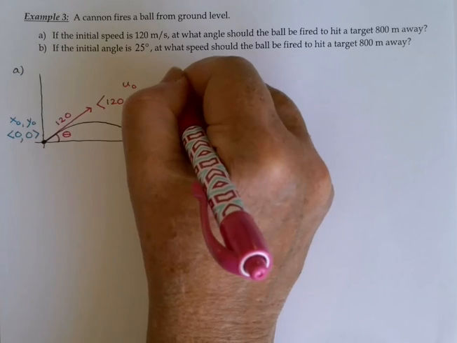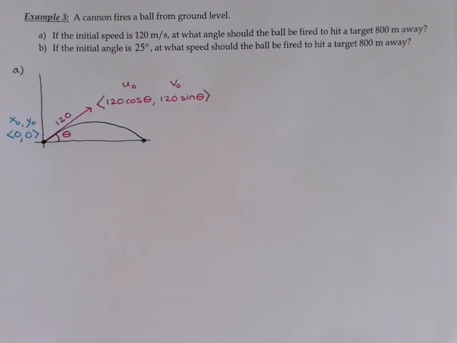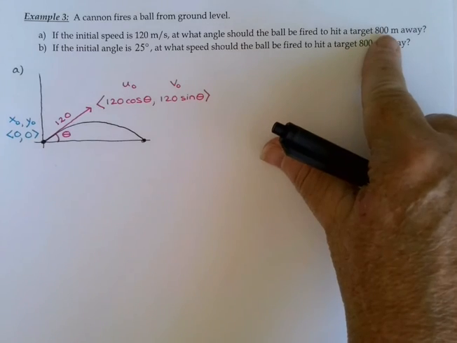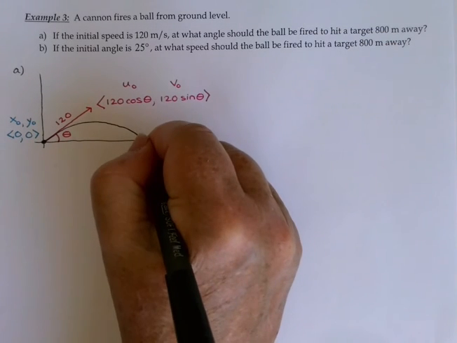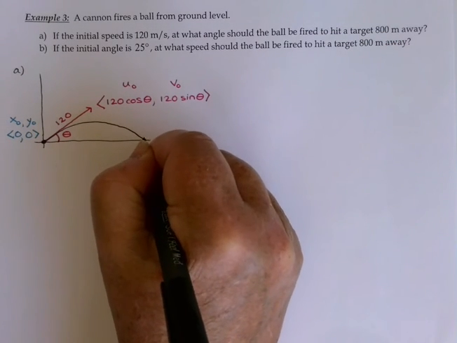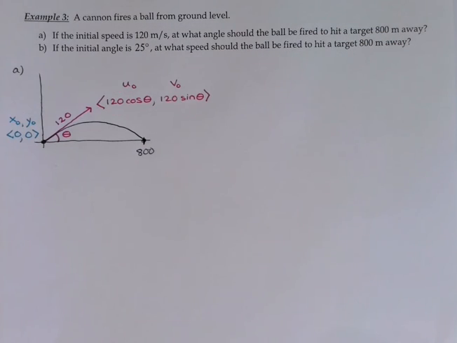But that's my u naught and my v naught. Finally, I know I want to hit the target 800 meters away, so I know where this cannonball needs to land has an x value of 800. All right, let's start by writing the equation for r.